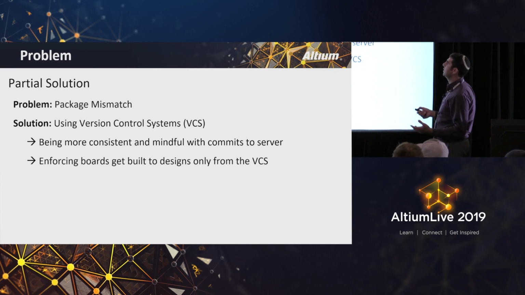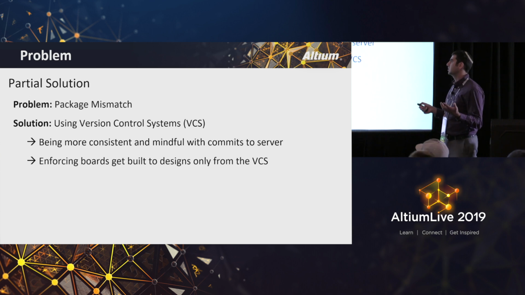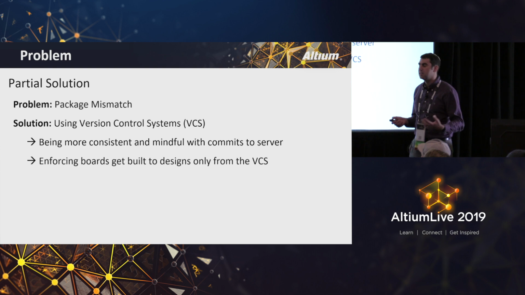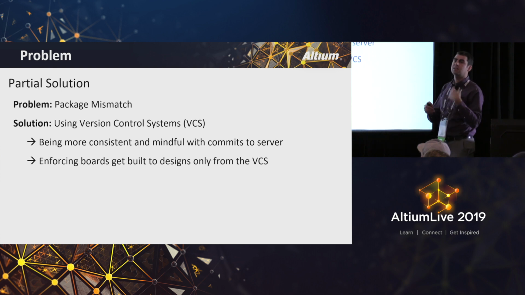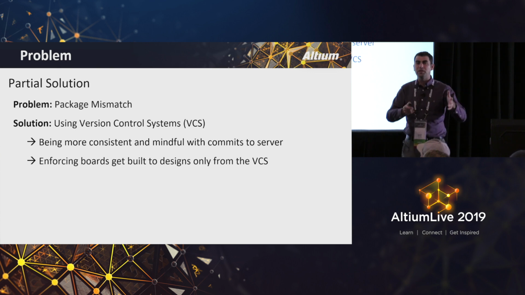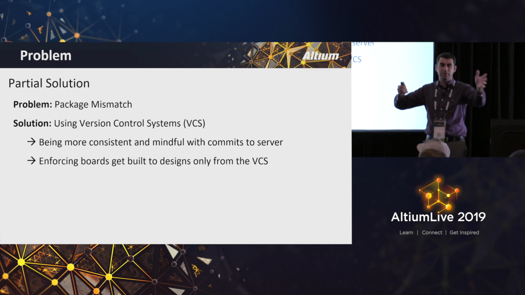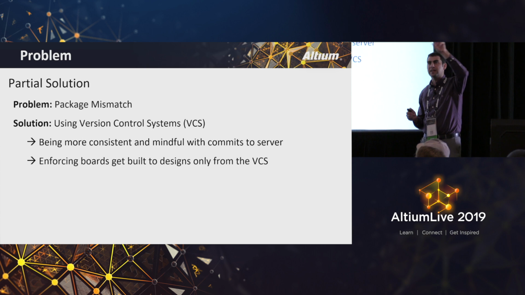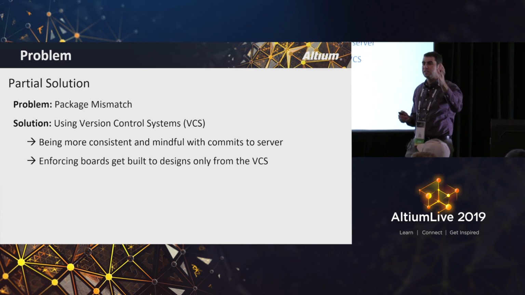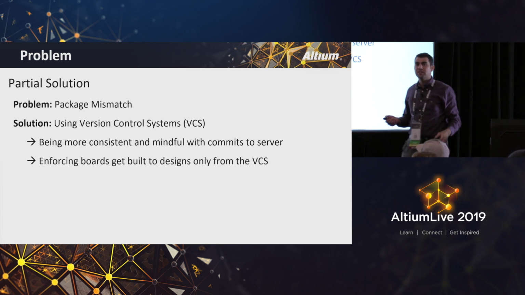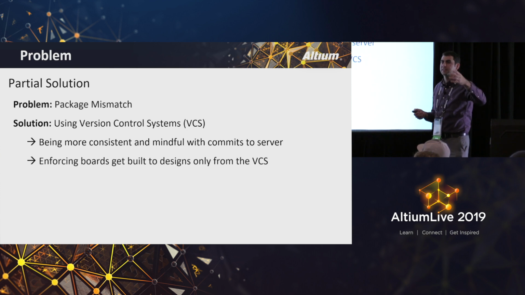In terms of the package mismatch, a partial solution is using a version control system. Yeah, you could be more consistent and more mindful about making commits and enforcing that boards get built only from your SVN or whatever it is. So you need to pull this particular SVN version, or you need to pull this file that's on this network drive, whatever it is. You could be more methodical about it, that's true.